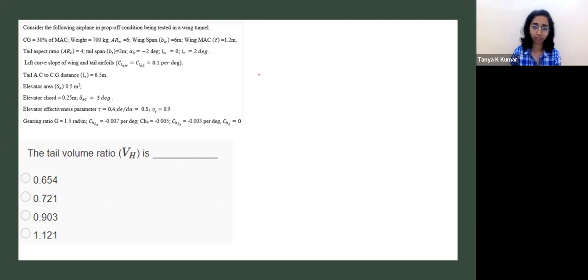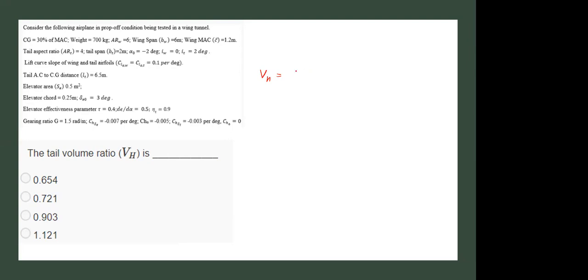Next, find out the tail volume ratio. What was the formula for tail volume ratio? Area of tail into LT upon area of wing into chord.